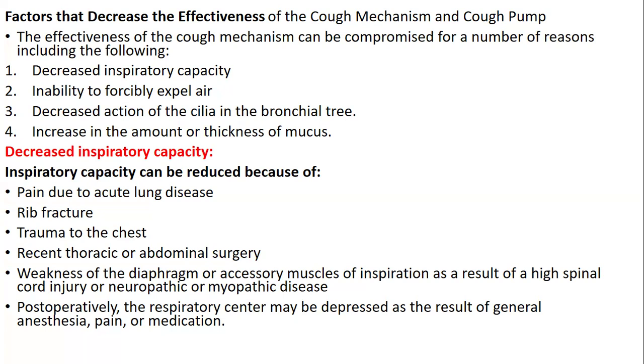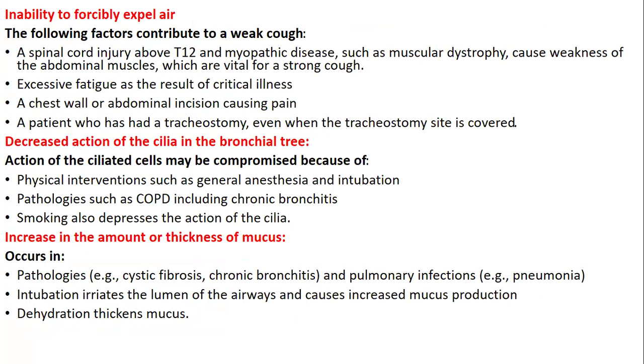The effectiveness of the cough mechanism can be compromised for a number of reasons, which include decreased inspiratory capacity, inability to forcibly expel the air, and decreased inspiratory capacity due to pain, such as rib fracture in restrictive conditions, and also spinal cord injuries.